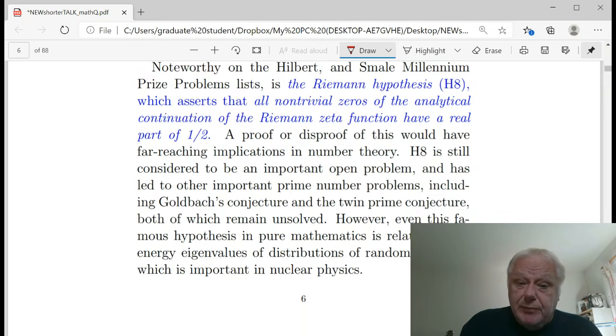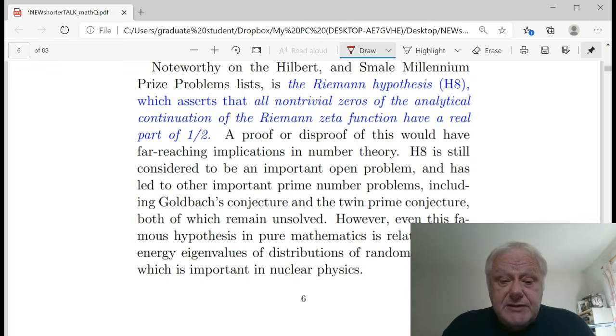This is indeed a problem in mathematics. I don't think anybody would claim that this is a problem in mathematical physics. However, these lines get blurred because even this famous hypothesis, which is a problem in pure mathematics, has a potential application in physics, in the sense that the energy eigenvalues of certain distributions of random matrices, which are important in nuclear physics, are given by solutions of the Riemann zeta function.